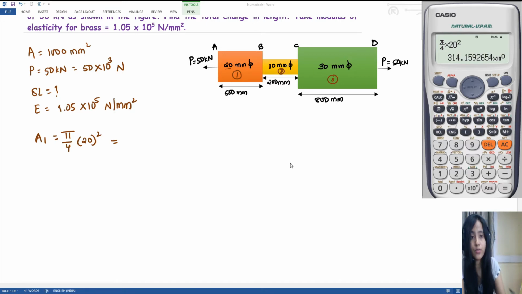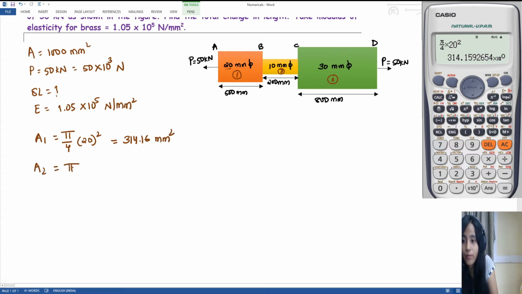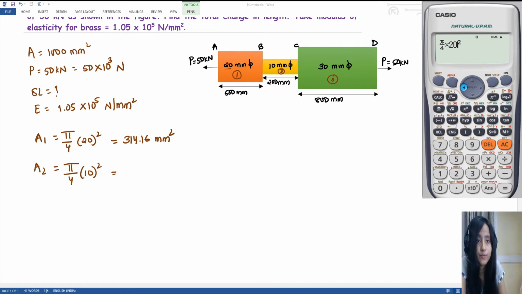The area is equal to 314.16 mm square. Similarly, A2 will be equal to pi by 4 into 10 square. This is coming equal to 78.54.